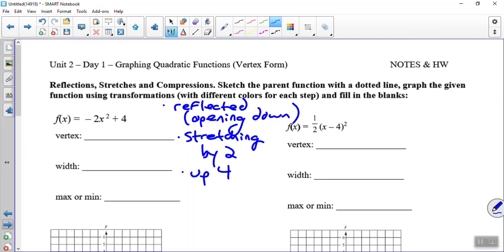All right. So we can still find the vertex the same way. You can just look at the horizontal or vertical shifts.